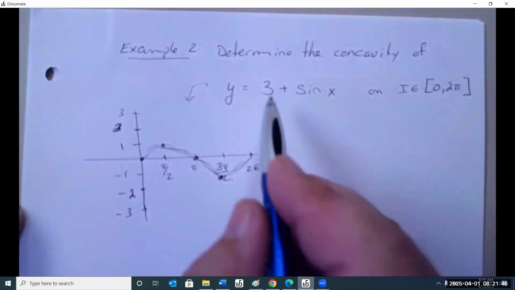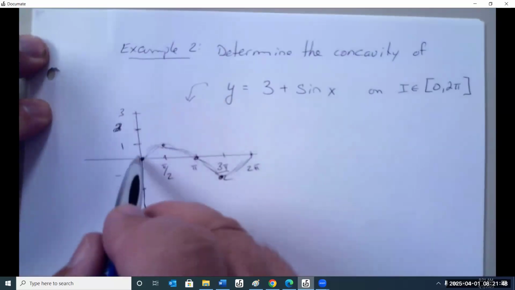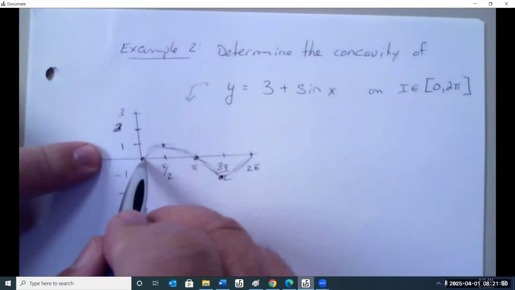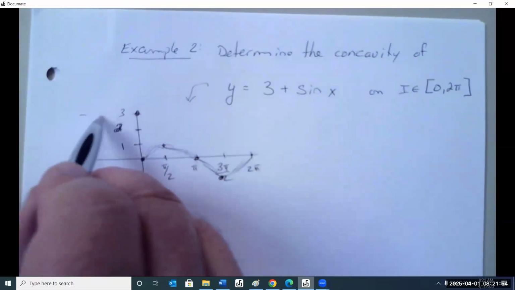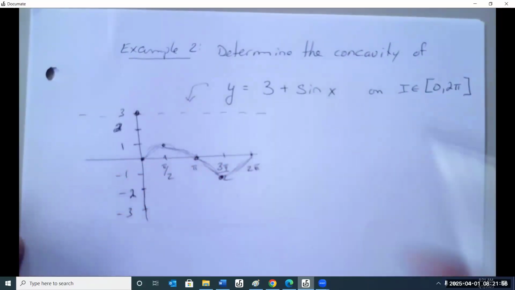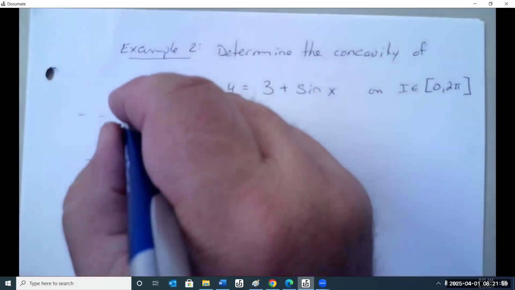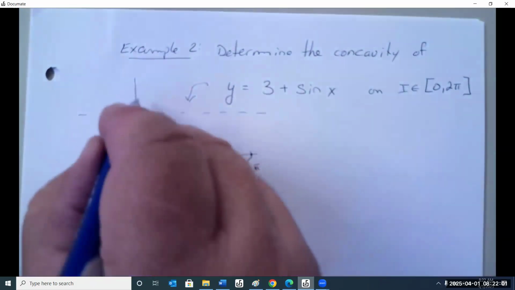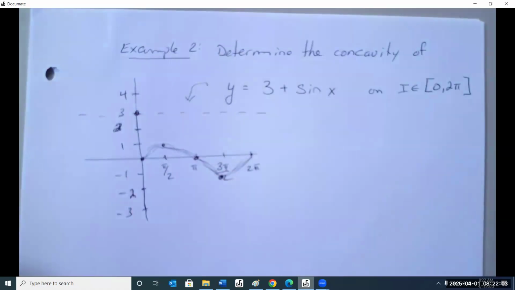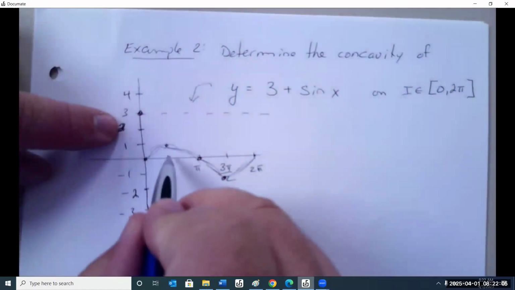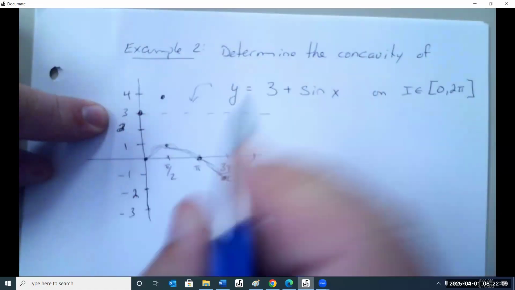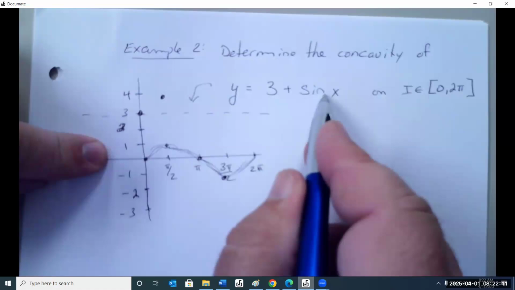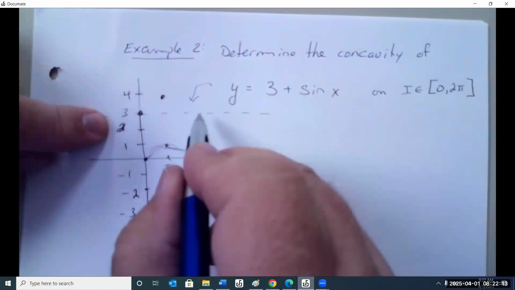That's just the sine. Now we have to go up 3 spaces. So our intercept goes up to here, and this is our new x-axis. At pi over 2, it becomes 4 because 1 plus 3 is 4.